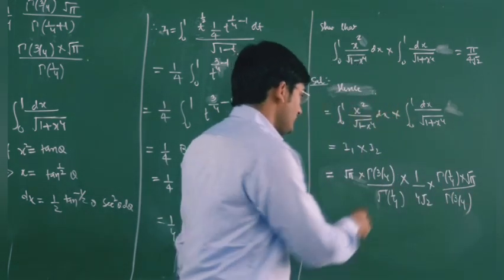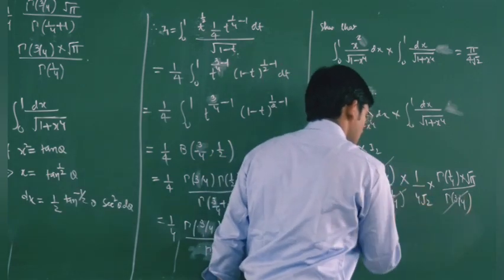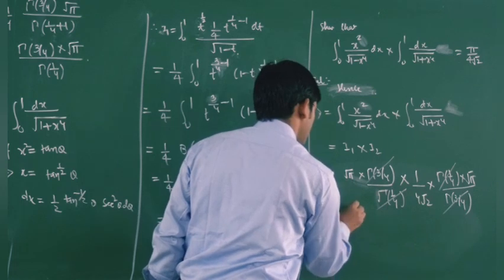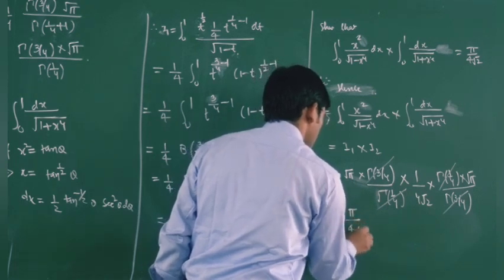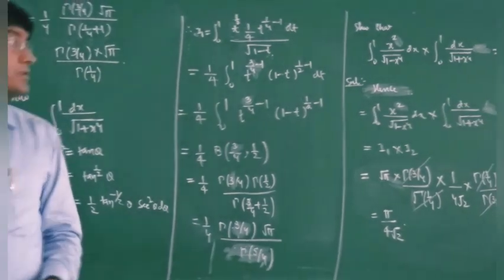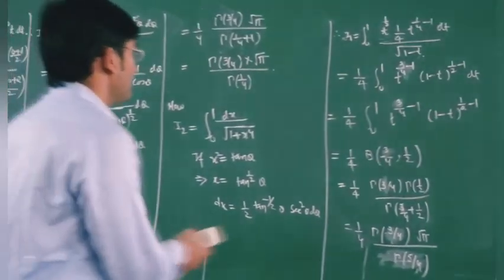Now here you can see that this gamma 3 by 4 is cancelled, gamma 1 by 4 is cancelled, root pi means pi, so we have this one as equal to pi upon 4 root 2, and this was your right hand side. So this is the solution of this problem.